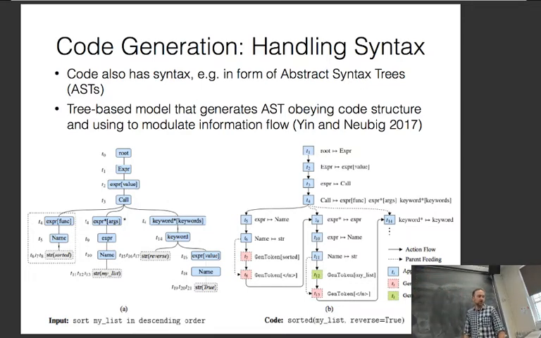The model here is very similar to the sequence to tree model, but we do things a little bit more. Basically, you can remember everything that you've generated so far, which was not the case for the tree to sequence model. And this syntax is very, very important for code generation. It's more important for code generation than it is for standard semantic parsing tasks. So this is pretty useful in this context.